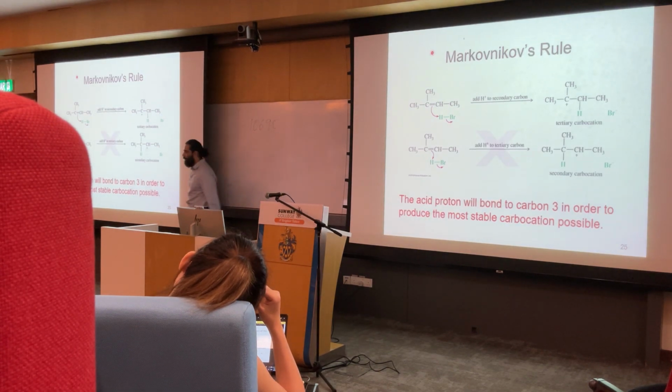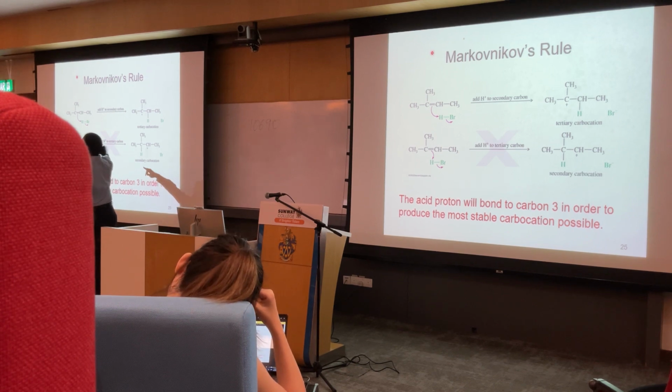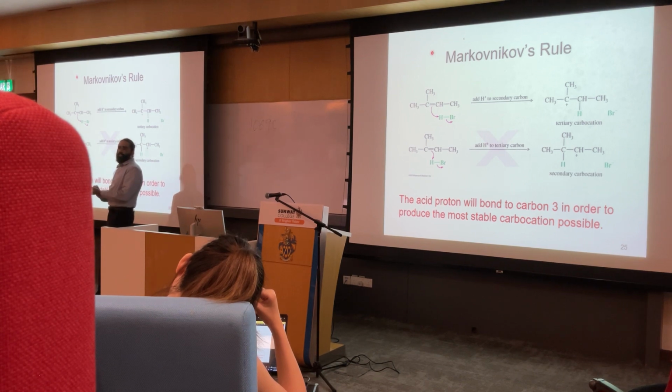Okay, so this slide will be very helpful in understanding Markovnikov's rule, because why this happens, that you have to put hydrogen at a certain point and halogen at a certain point, has everything to do with the formation of carbocation.